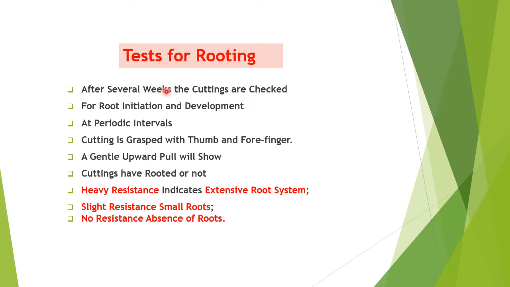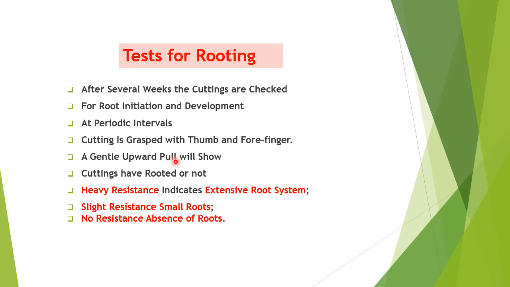After several weeks, the cuttings are checked for initiation and development of roots. At periodic intervals, the cutting is grasped with thumb and forefinger. This is a very traditional method. You just grasp it with the thumb and forefinger, and you put a gentle upward pull.